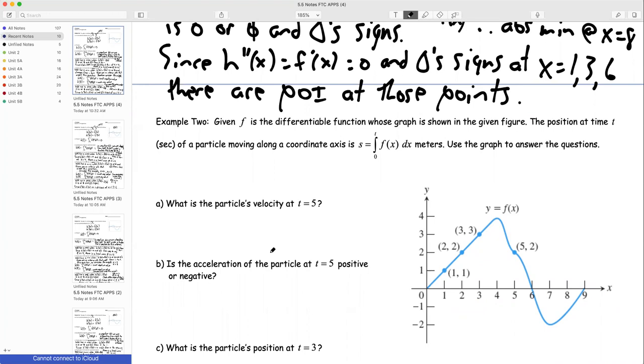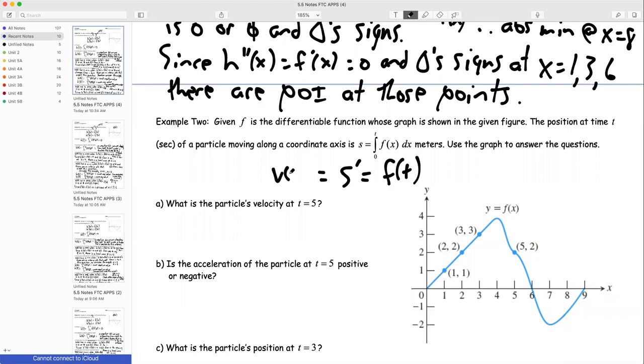So the first thing that we do is we make our key. So I can say that s prime is equal to, not f of x in this case, but f of t. And since they give me s, which is the position, the derivative of the position is velocity.